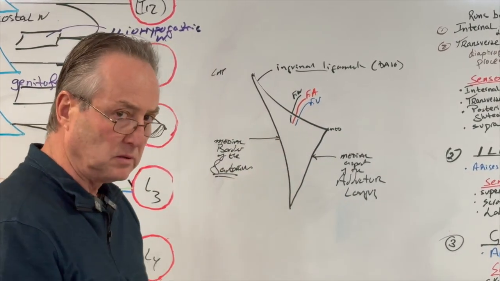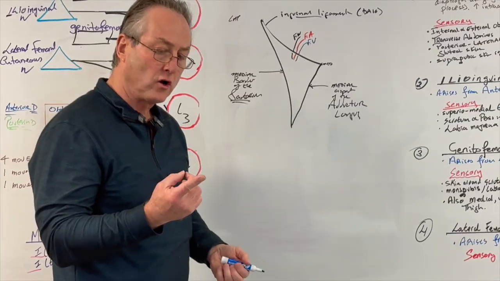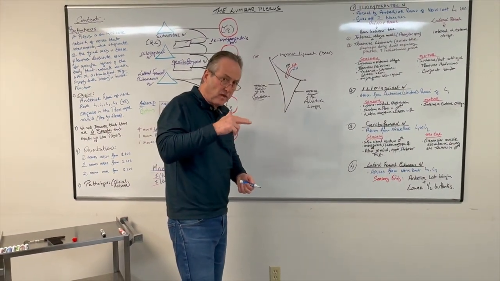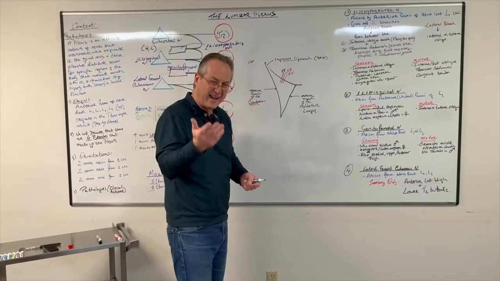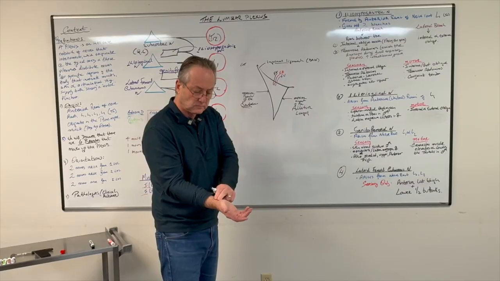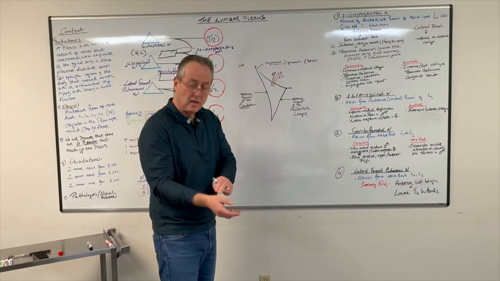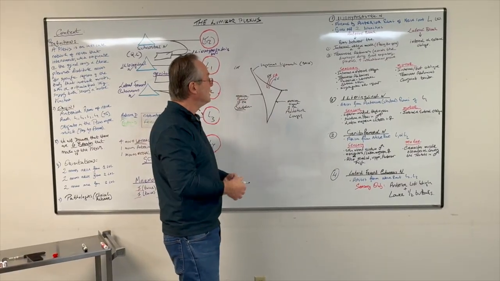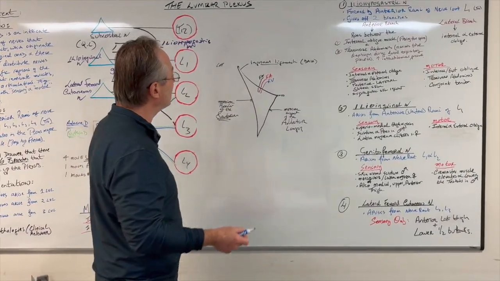And this is palpable. So if you take your index finger and long finger, you can put that in the groin area, and you can actually feel it pulsate. Okay, just like with the radial artery, you can put that on the radial side, you can feel that pulsate. The dorsal side of your foot, the dorsalis pedis, you can feel it. So there's areas in the body where you can feel that.